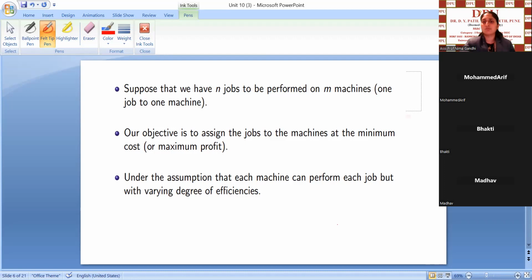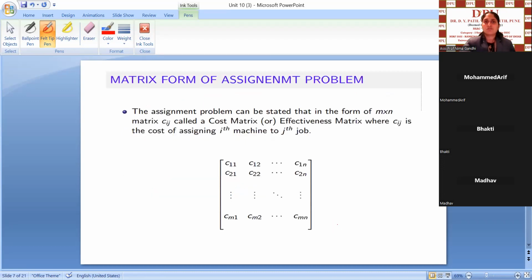That's why you have to do the allocation so that you can minimize the cost of production as well as maximize the profit. So the assignment problem can be stated in the form of an m by n matrix, and Cij is the cost matrix. So you can have the cost matrix or effectiveness matrix, where Cij is the cost of assigning the ith machine to the jth job.